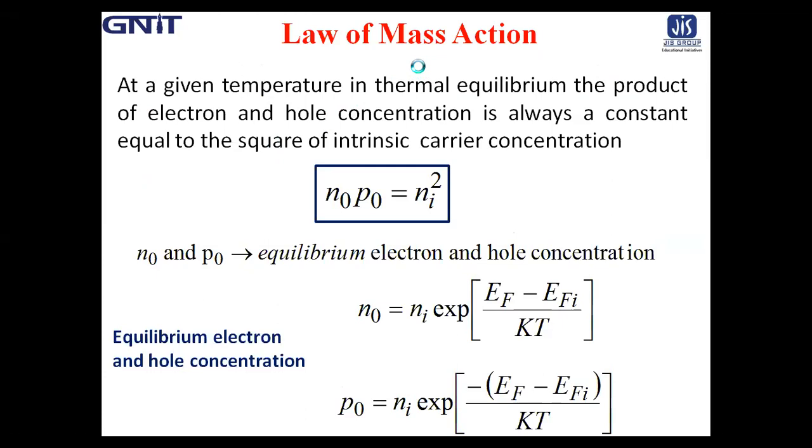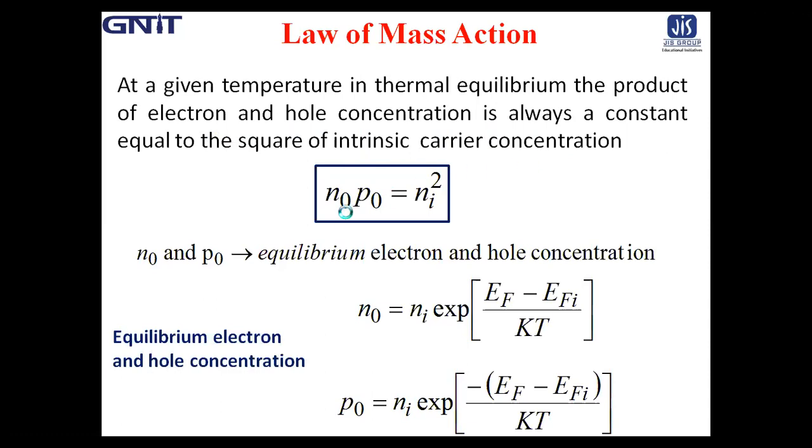At a given temperature in thermal equilibrium, the product of electron and hole concentration is always a constant and equal to the square of the intrinsic carrier concentration.